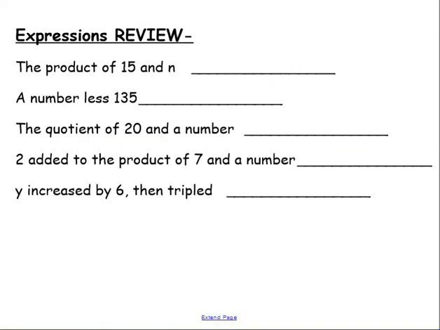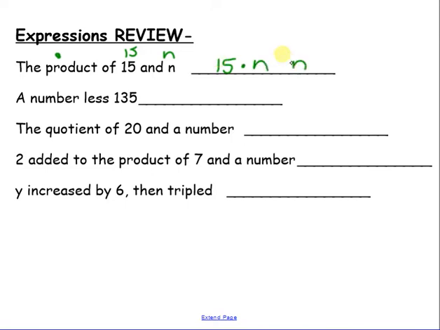All right, let's jump into a quick expression review, and then we're going to head to properties. So this is the word form, okay, and we need to write it in a numerical form, if you will, but it will have variables in it. So the product, that means multiplication, of 15 and n. There are several ways we could write this. We could write 15 dot n.